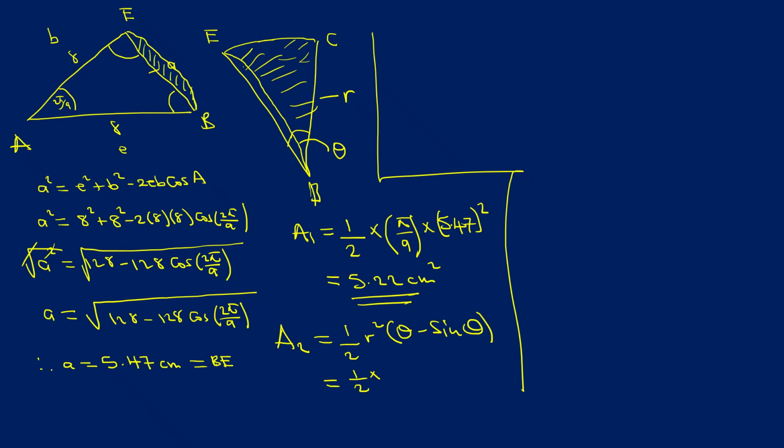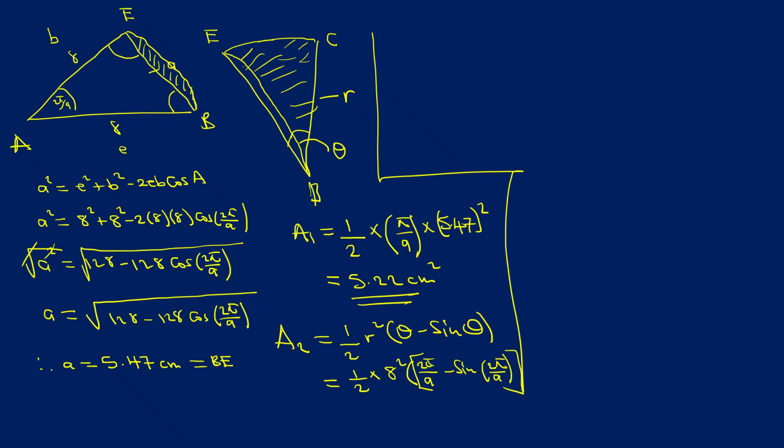This is the formula that we have written here. Now half multiplied by r squared. R is 8, so it will be 8 squared. Then open brackets, our theta. Theta of this sector is 2 pi divided by 9 minus sine of the same angle, 2 pi divided by 9. It's the same angle that we are going to use.